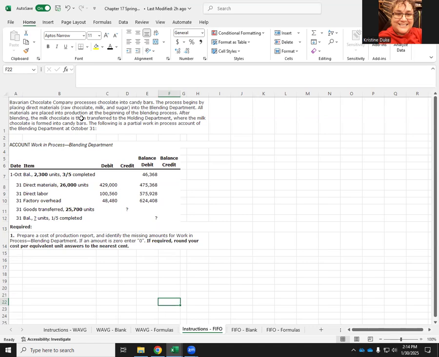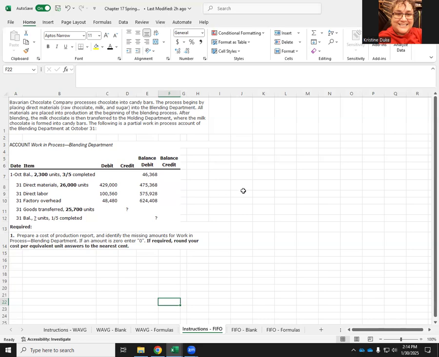Okay, as of October 31st, we have this information. We have a balance of 2,300 units, completed by 60%, 3 divided by 5. Now remember, the materials were all put into process at the beginning of the batch, so this 3 divided by 5 and this dollar amount actually apply to conversion cost.